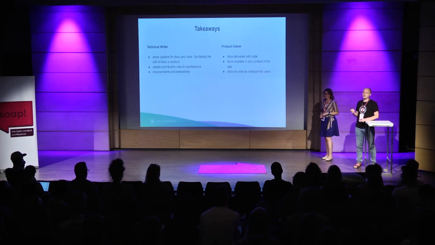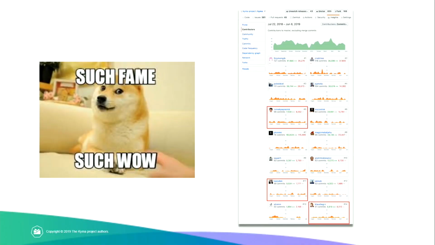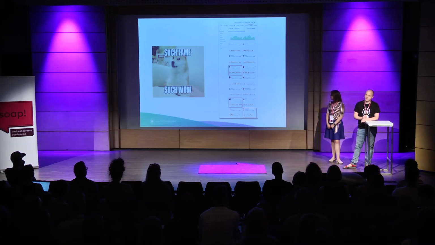But the coolest stuff, so now I'm talking as a product owner, but actually I started in IT as a technical writer 8 years ago. And what I think personally is the best is this stuff. What you can see here on the right-hand side, it's maybe not readable, but if you're familiar with GitHub, it gives you this functionality that you can actually see who contributes to the project.